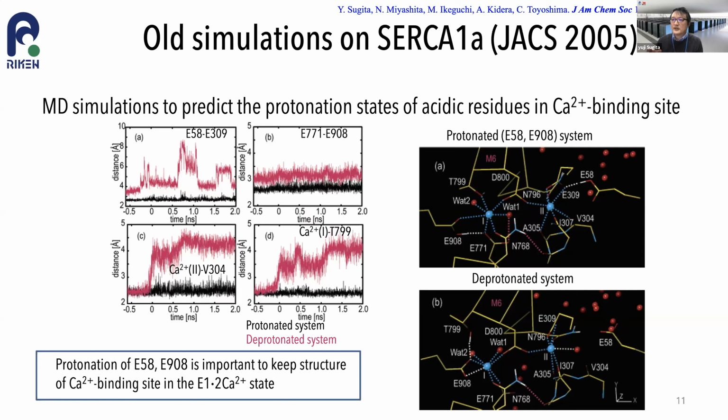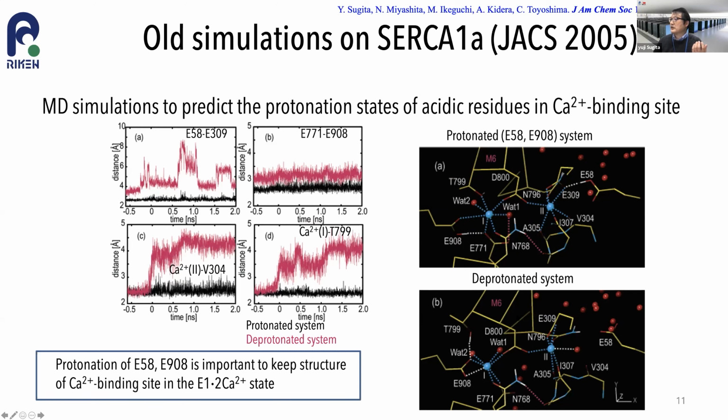But even at that time, I treated lipid bilayers, waters, and protein in an atomistic model. So the cost was even at that time very, very high. But anyway, I performed such simulations with and without protonation states. Protonation means, if you look at these two figures, in one system you can see this white bond. This is a proton attached to this amino acid, and another proton is attached here.